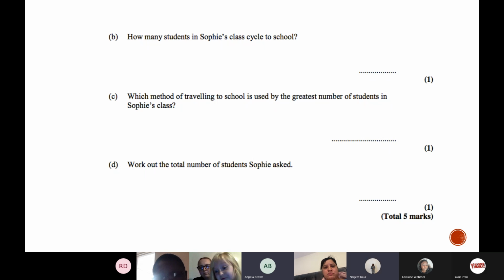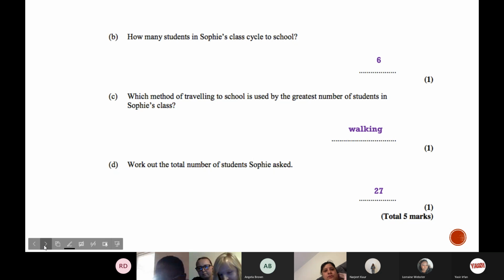That will be a total of 5 marks if you got all this. Straight away you should be able to answer quickly, and we should have got 6, walking, and 27. So if you've got all that right, you've got a full 5 marks. And if that was on a non-calculator paper, that would be brilliant. 5 marks in total already towards passing your level 1.